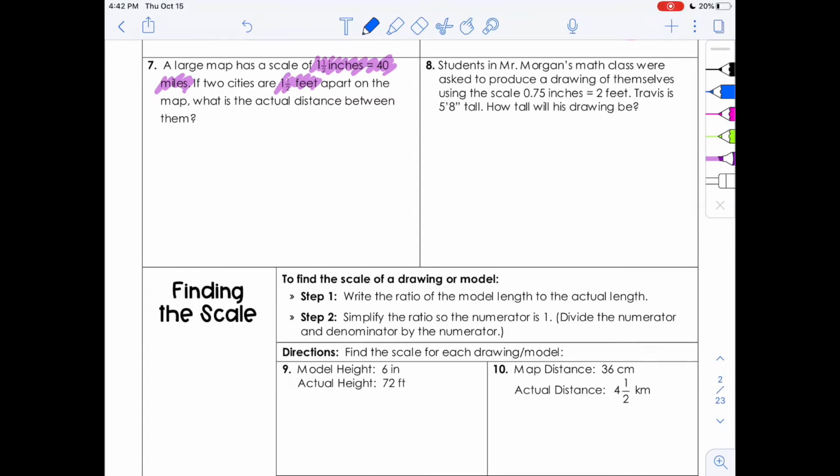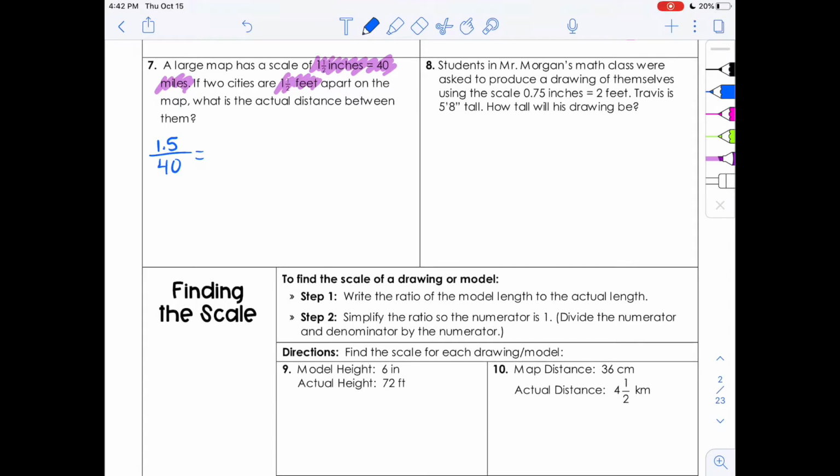And instead of writing that as a fraction, I'm going to write it as a decimal. So 1.5 inches to 40 miles. And then we know the distance on the map between them is 1.5 feet. And we want to know, well, what is that actually in real life?